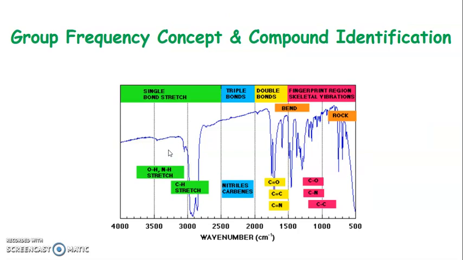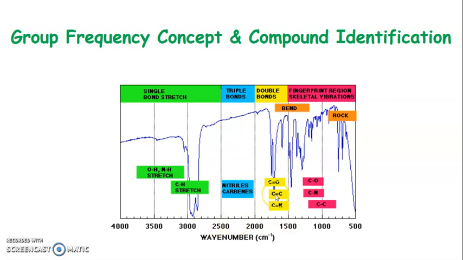As I said earlier, the functional groups show these same regions regardless of the structure of the rest of the molecule. That is, the CO group, whether it is an acid part or aldehyde part, will appear between 1500 and 2000 cm inverse.